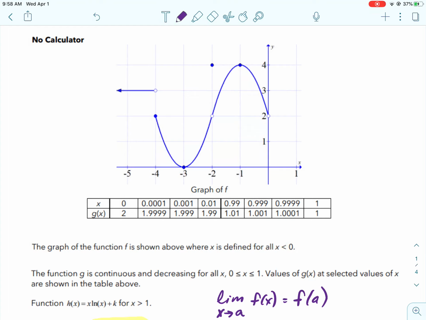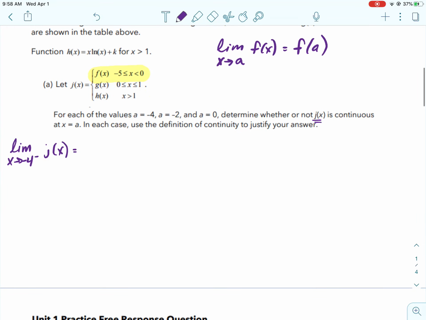So we want to know the limit as x approaches -4 from the left side of this graph. -4 is here. We approach -4 from the left, and it looks like the graph is approaching 3. That's the height the graph is getting closer and closer to, which is 3.